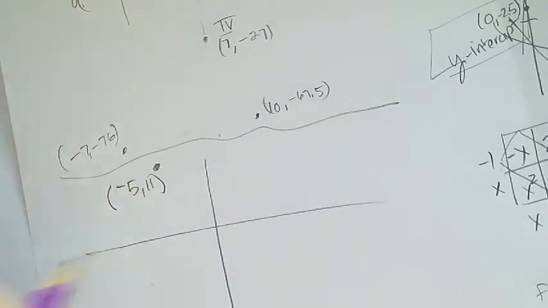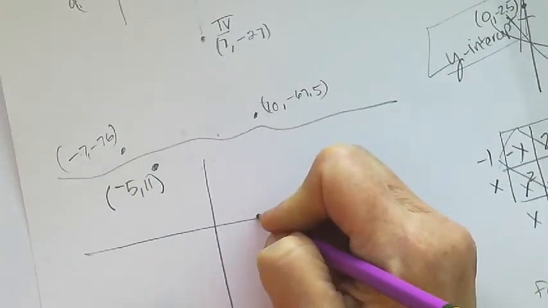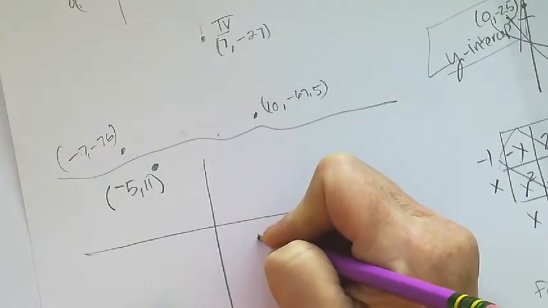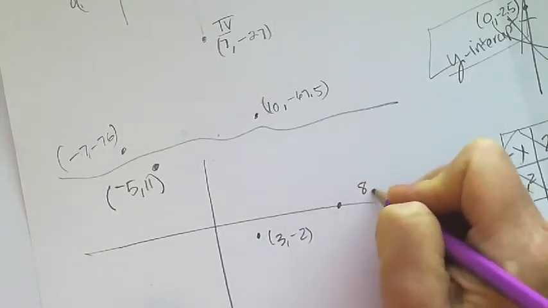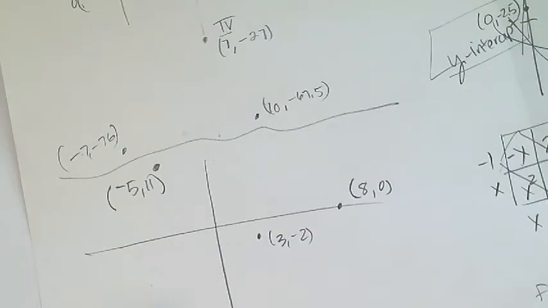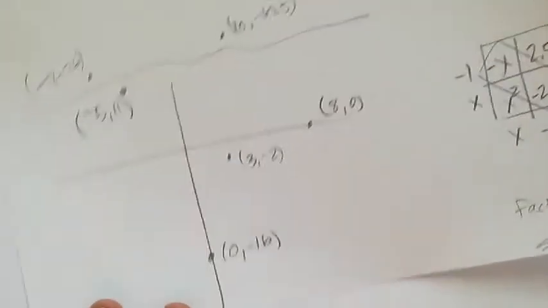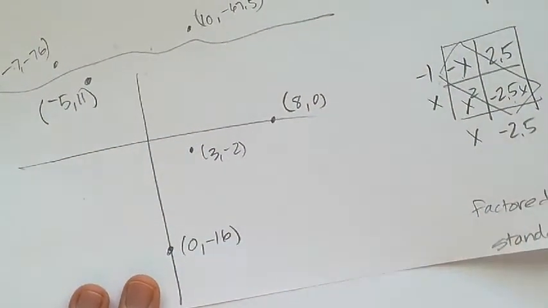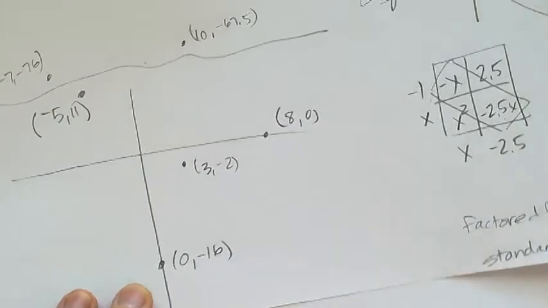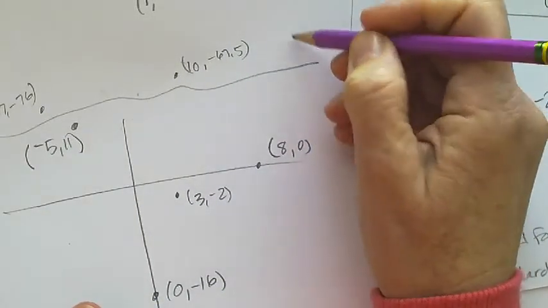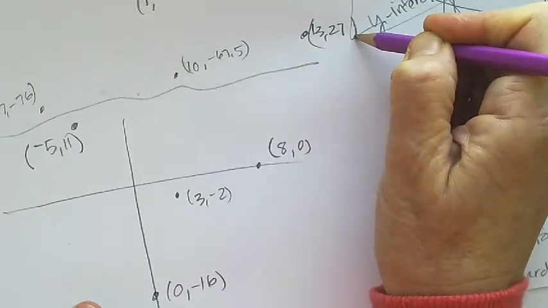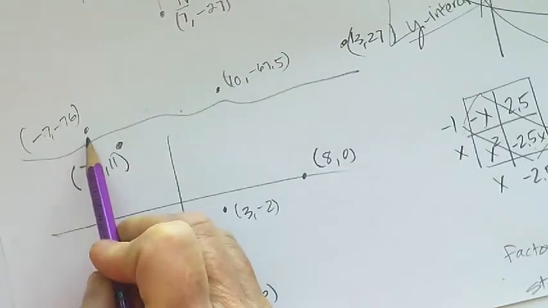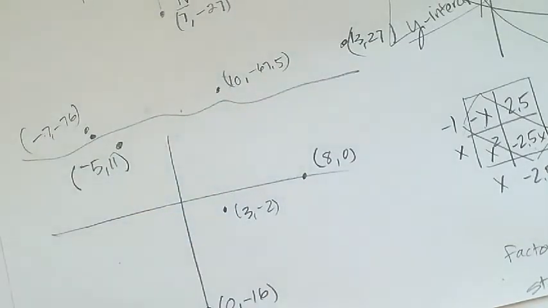I've got the point 3, -2, and 8, 0. And I'm looking at this and thinking, this is not going to be a parabola. We also have 13, 27, so kind of out here. And then we've got -6 and +14, so there's another point up here.